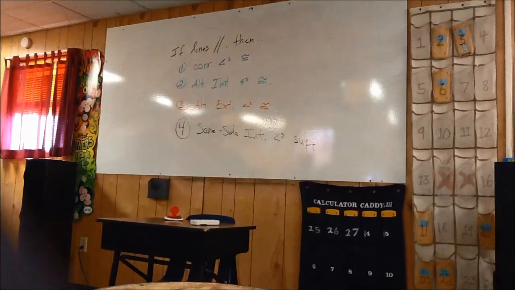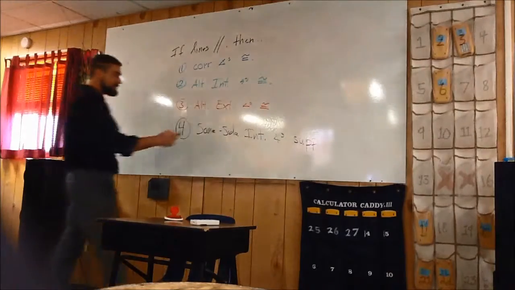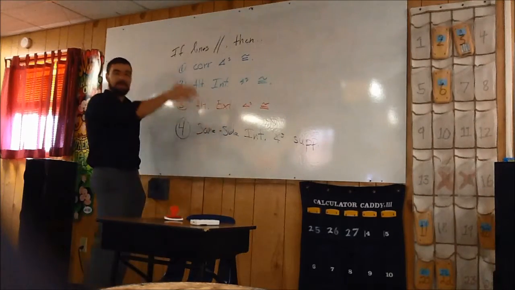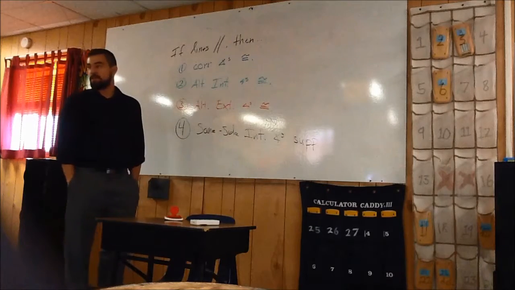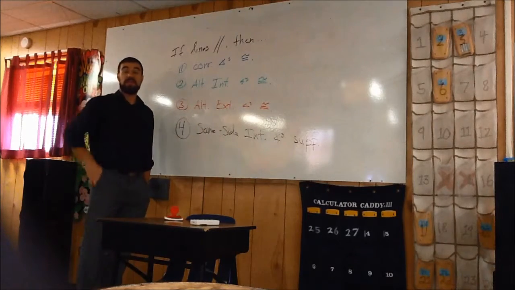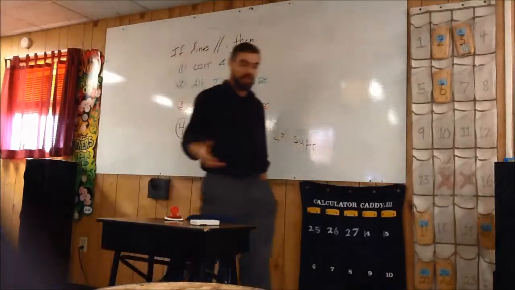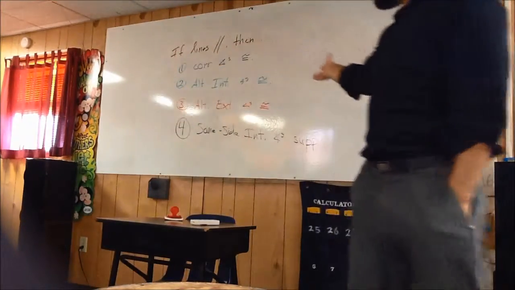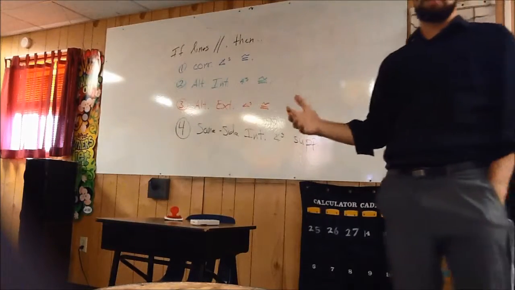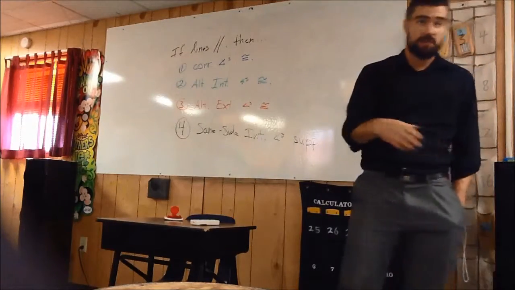You need to write out the word same, write out the word side. You can abbreviate interior, use a symbol for angles, and then use SUPP for supplementary. But if you somehow prove, or if you are given that lines are parallel, then you know these four things happen with those special angle classifications that we've learned today.